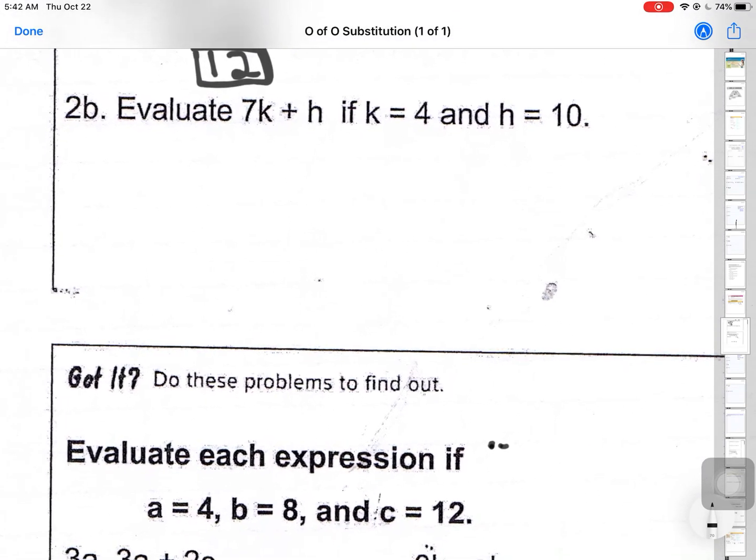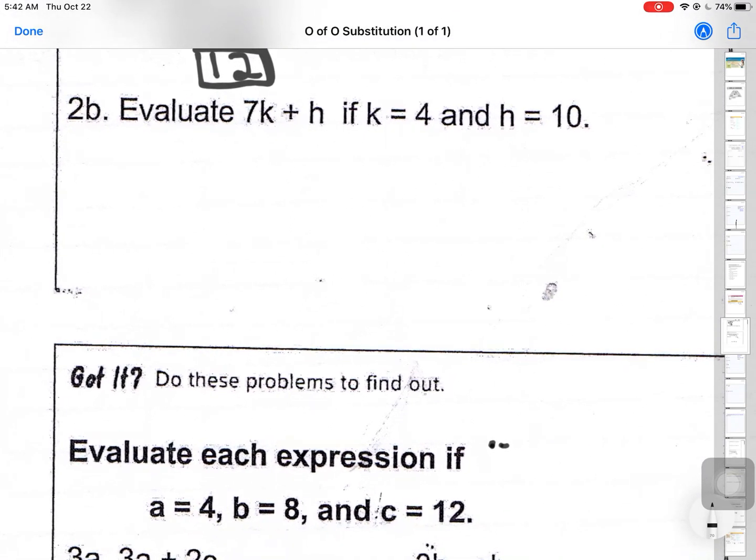Okay, moving on to 2B. Are you with me? We have 7k plus h. 7k means 7 times k. 7k plus h.